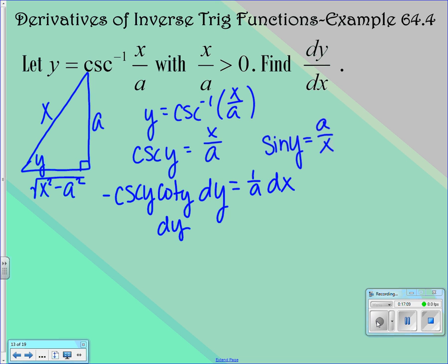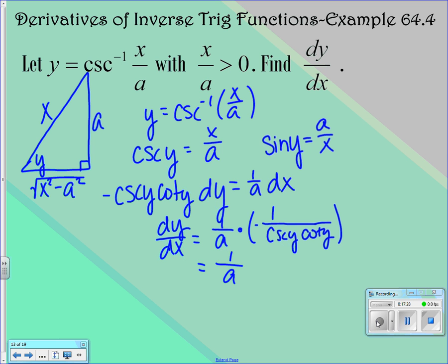And so you end up with dy over dx equal to 1 over a times, instead of writing it as 1 over cosecant y, cotangent y, I think it is better to go ahead and do the reciprocal. So we have 1 over a times, I'm going to put the negative out front. Reciprocal of cosecant would be sine of y, and then the reciprocal of cotangent would be tangent of y. So I think it's easier to go ahead and do that, but you don't have to.